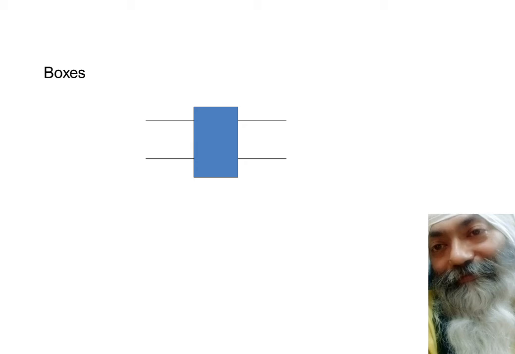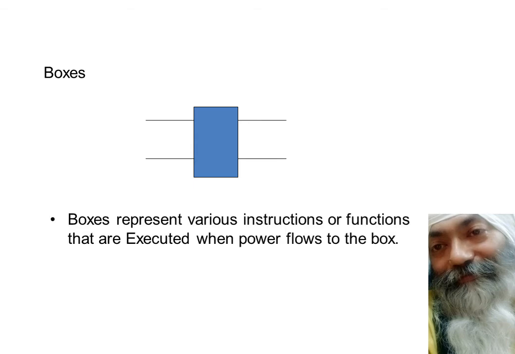Apart from that, the NO, NC and the coil, we have certain boxes. So these boxes, they represent some arithmetic unit, they represent some timer, they represent some counter, they represent some message to be written, they may represent some message to be read from some other PLC, so on and so forth. So these boxes are ultimately a kind of output boxes, and they execute only when the power flows to the box.